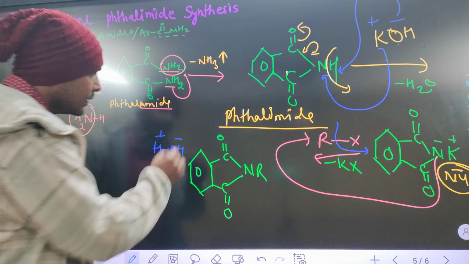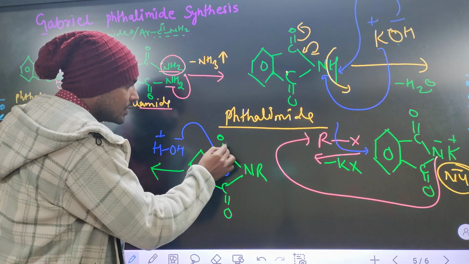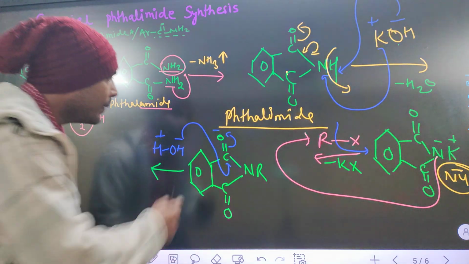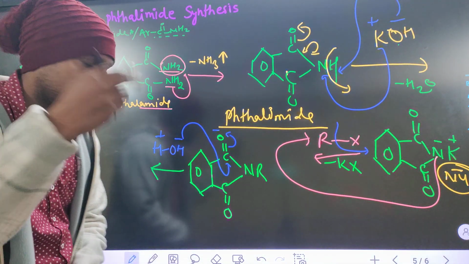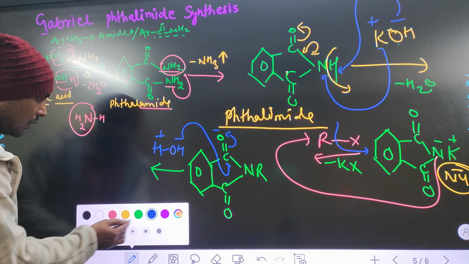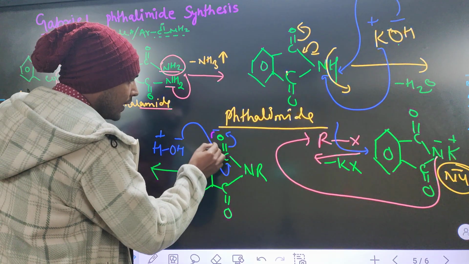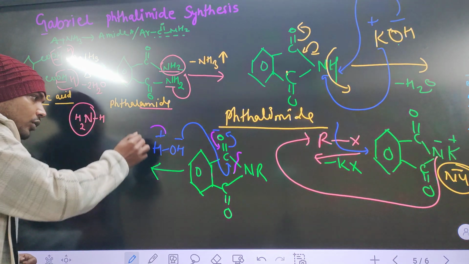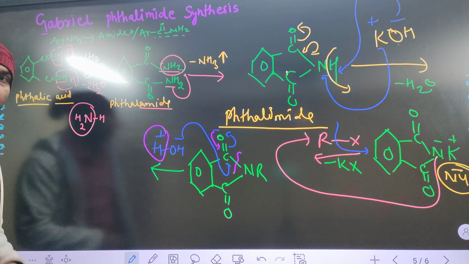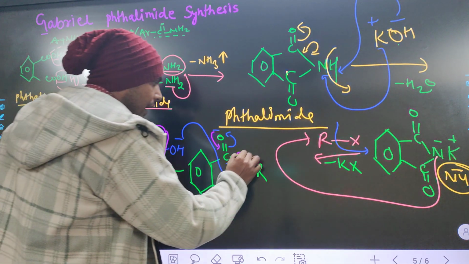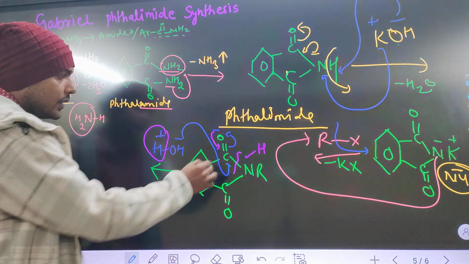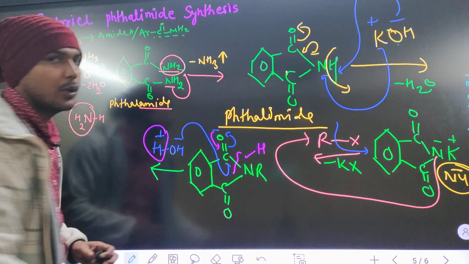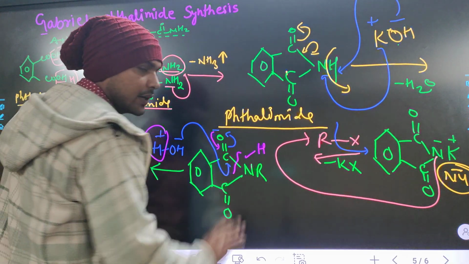So what will happen? This OH will attack here, this bond will shift here, and it will become minus. When the minus comes back here, this bond will break, and this H positive part will be attached to this N. The OH is going to the C double bond O part, and H is going to this part.